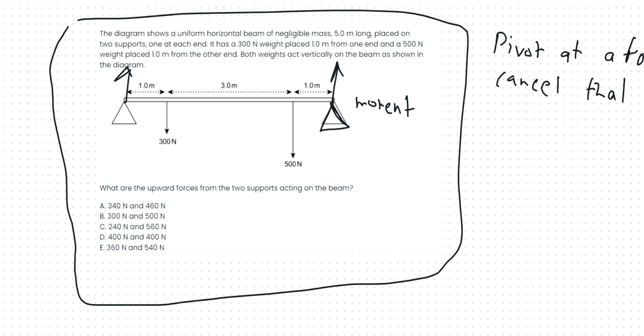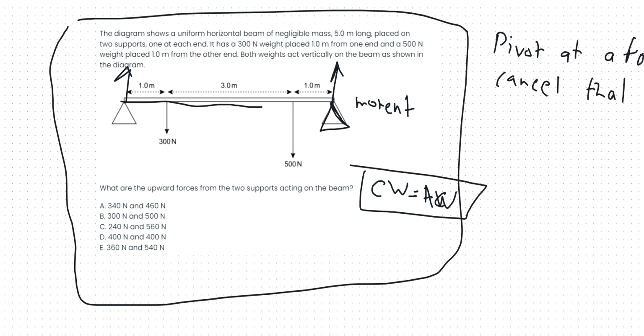Remember, they're telling me this is stationary. So my clockwise moment equals my anti-clockwise moment. I'll always use this formula when my object is stationary, it's not moving at all. So I'll say clockwise moment equals anti-clockwise moment.